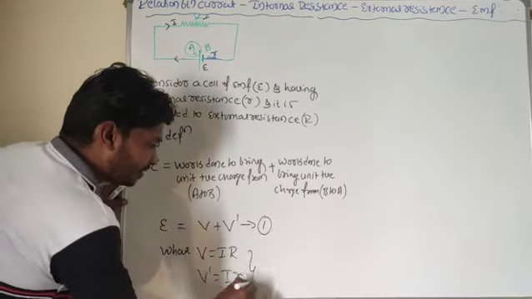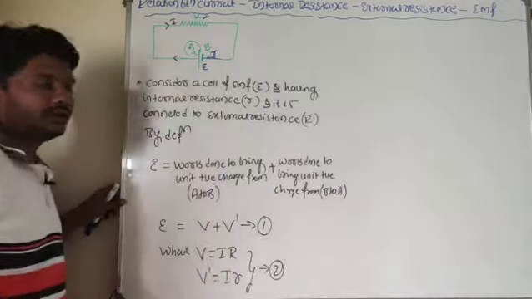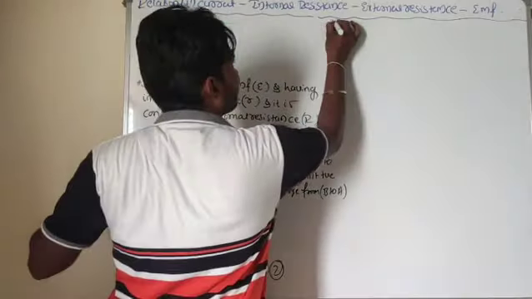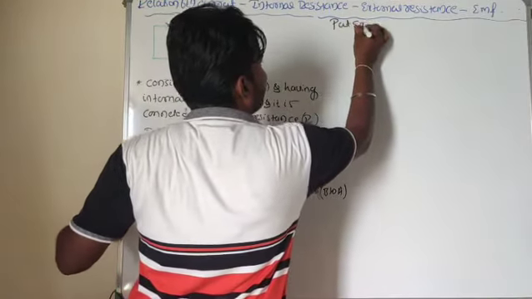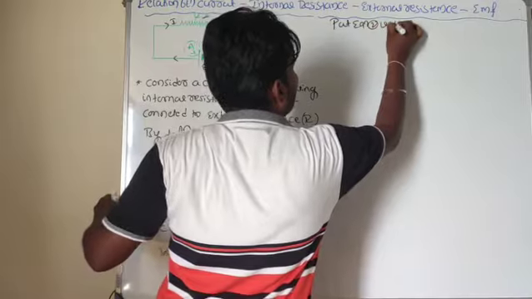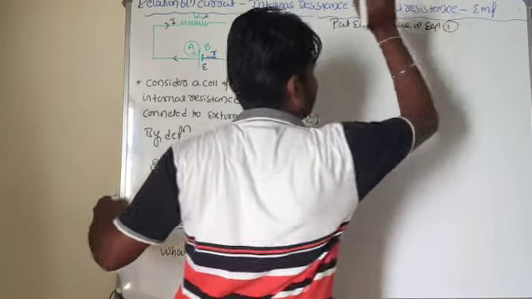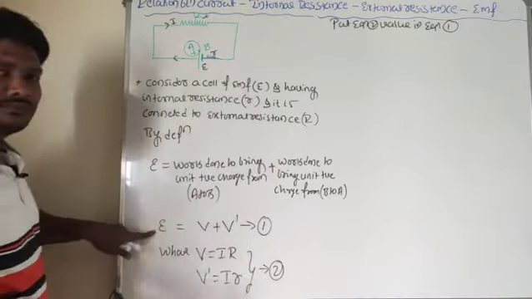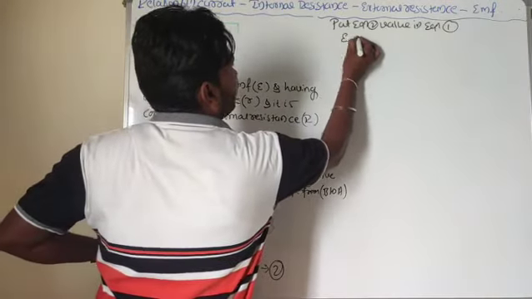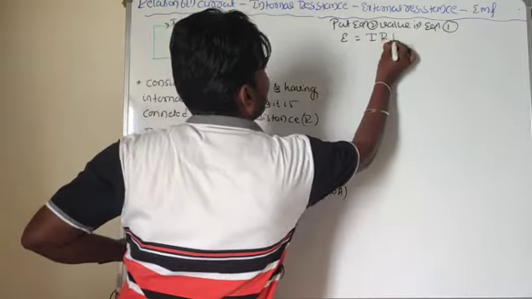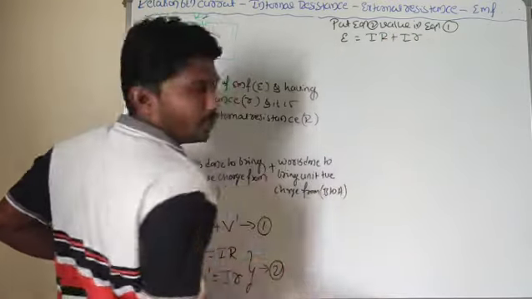I will substitute these values in equation 1. So put equation 2 values in equation 1. Look here, E is equal to I into R plus I into small r.